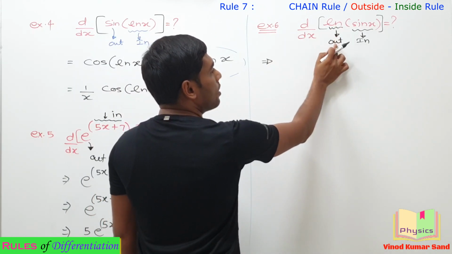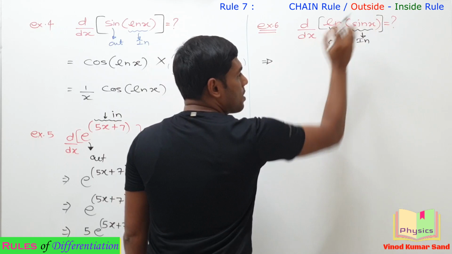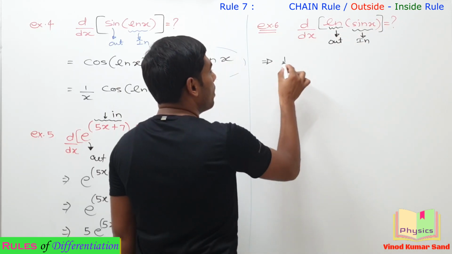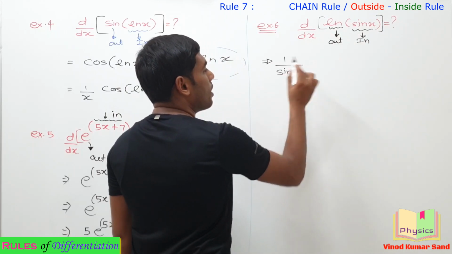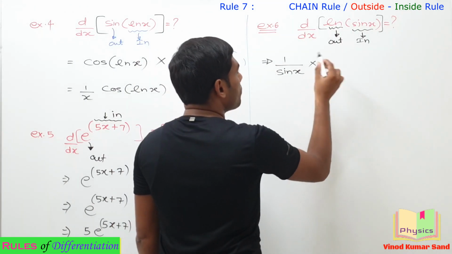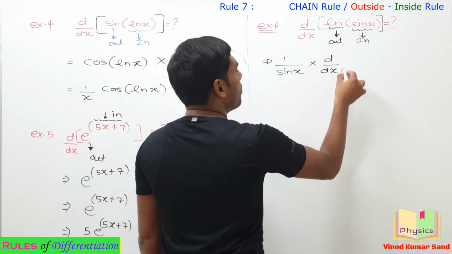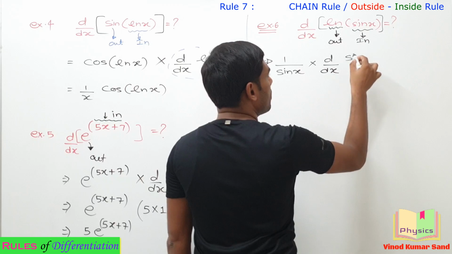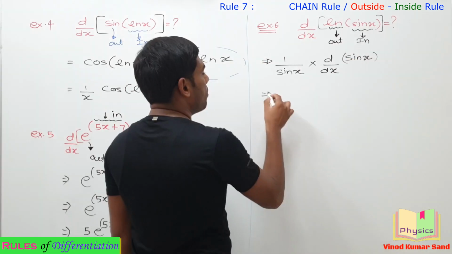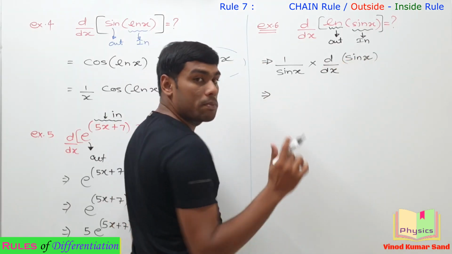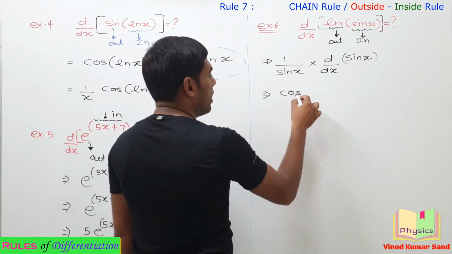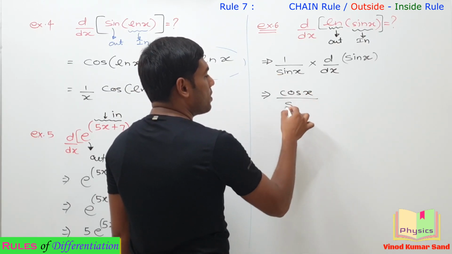I'm differentiating the outside function, log of something, its differentiation will be 1 by something into d by dx of the inside function. Inside function is sin x. Differentiation of this sin x will become cos x, and this 1 by sin x is already present here.